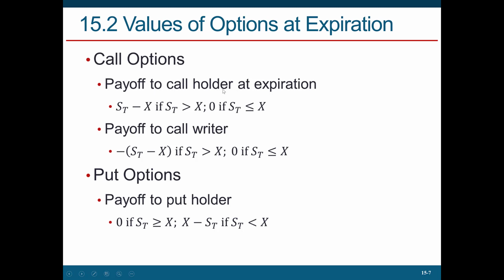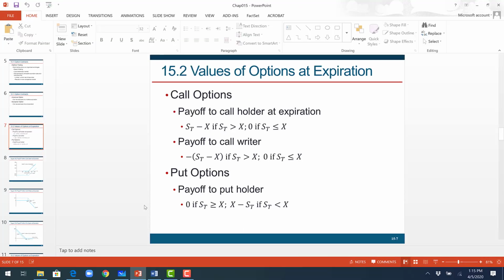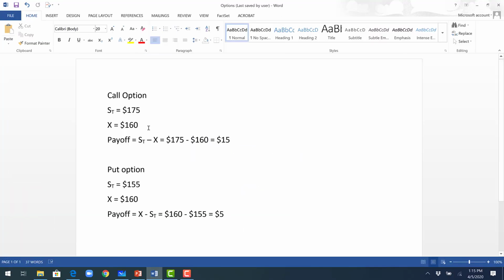So what is the payoff for call holder at expiration? ST is the stock price at expiration. X is the exercise price. So ST minus X if ST is greater than X. Again, let me show you the example that we worked on for the call option. This was case one, right?